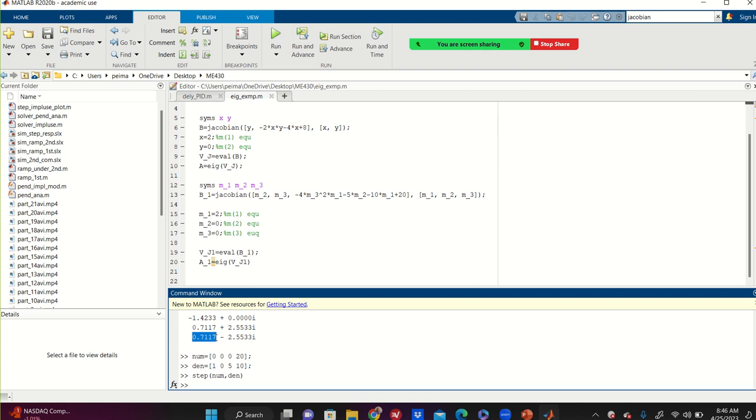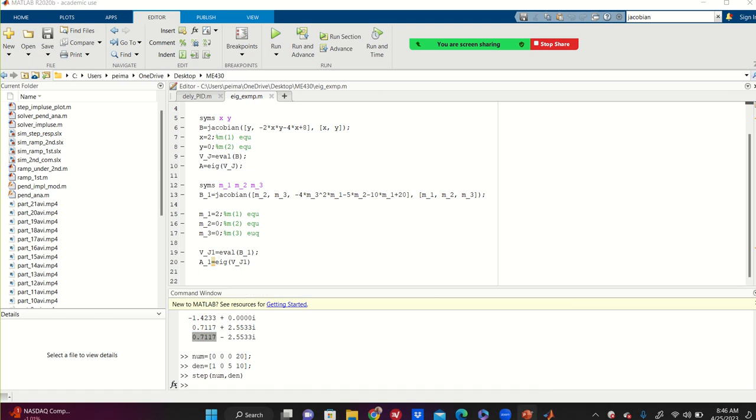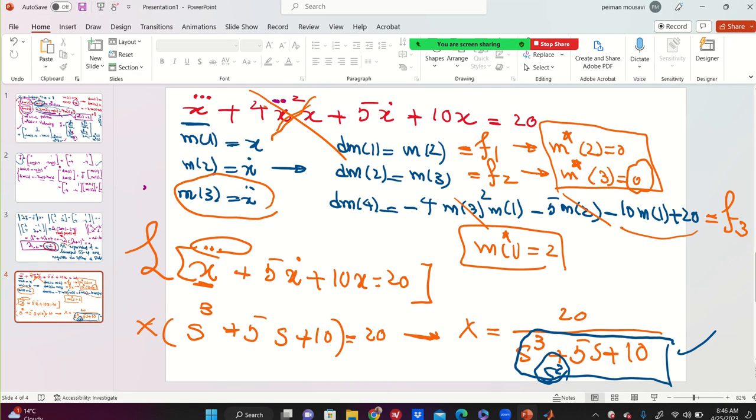Does this remind you of positiveness of a thing that you have already seen in my class? I'm just giving you hints. What is this, guys?